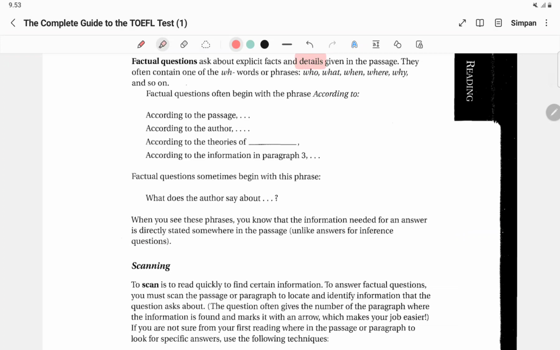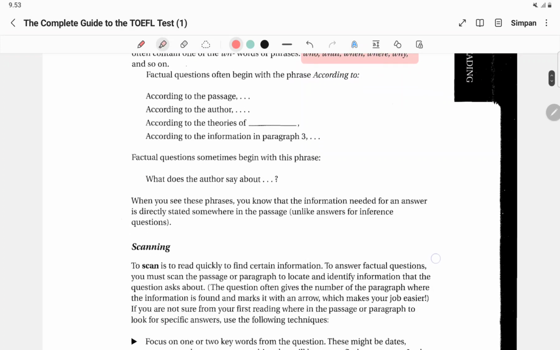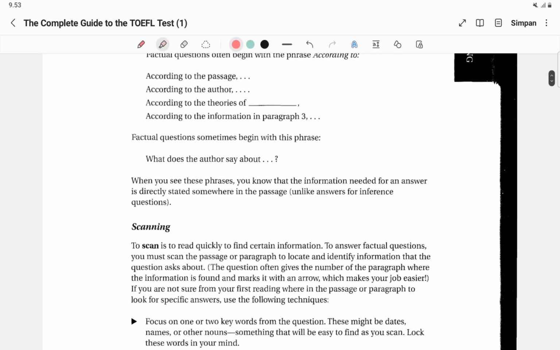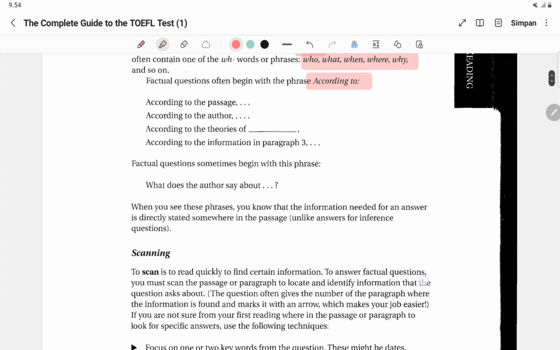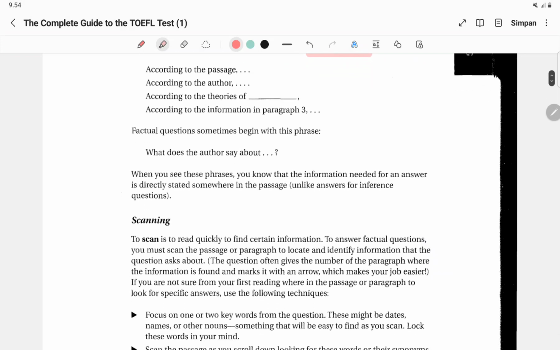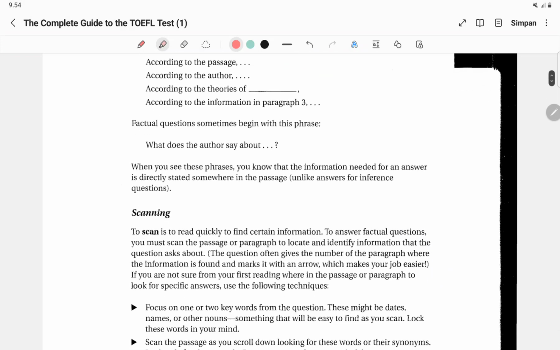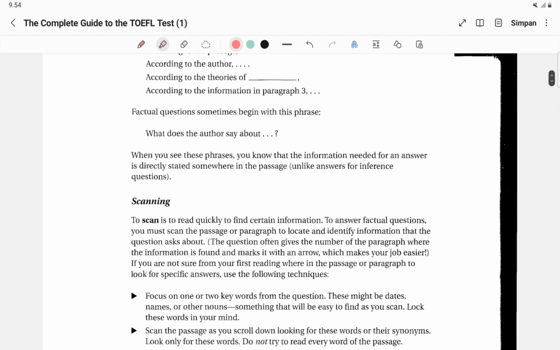given in a passage. They often contain one of the WH words or phrases: who, what, when, where, why, and so on. Factual questions often begin with the phrase "according to." Okay, according to the passage, according to the author, according to the theories of, according to the information in paragraph 3, blah blah blah.